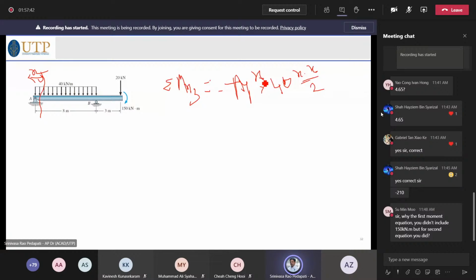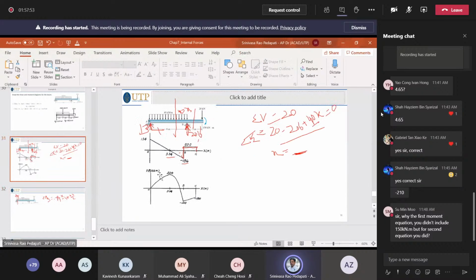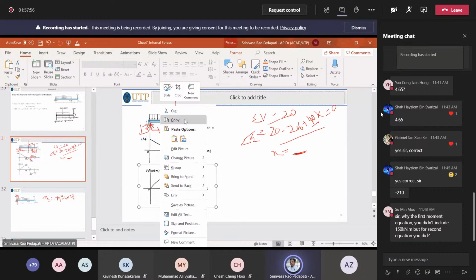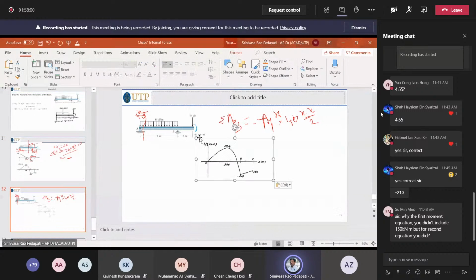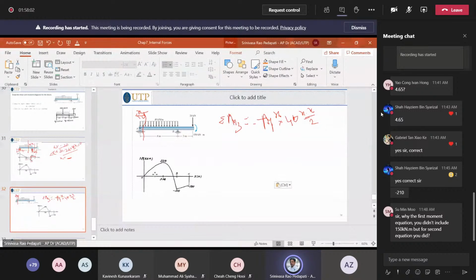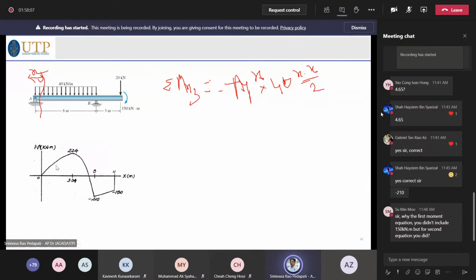So if x is 0, what happens? x is equal to 0, M is equal to 0. That is what is shown here. If you substitute x is equal to 0 in this equation, the moment is 0.